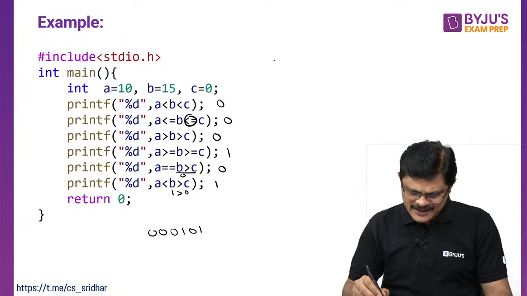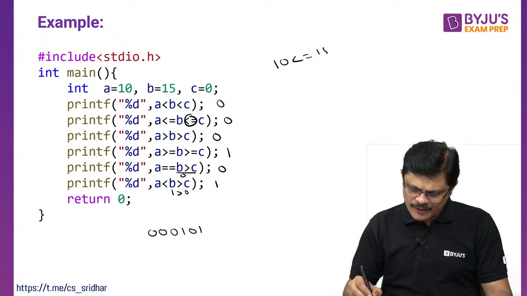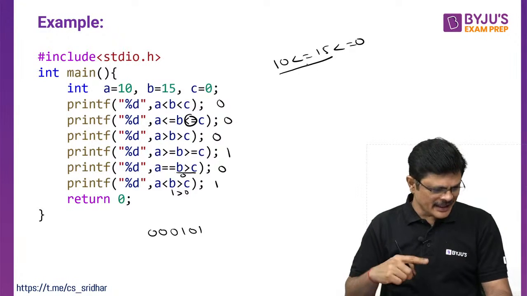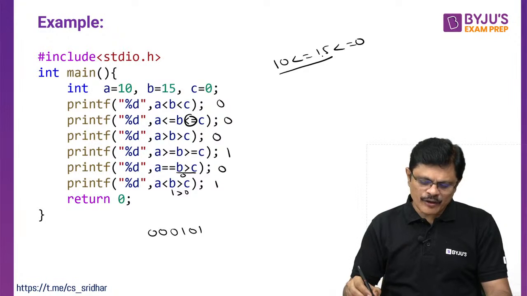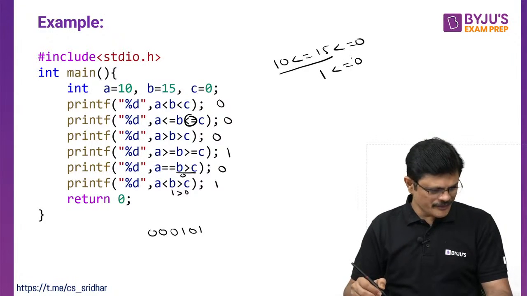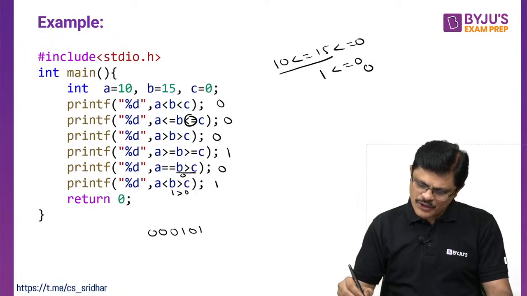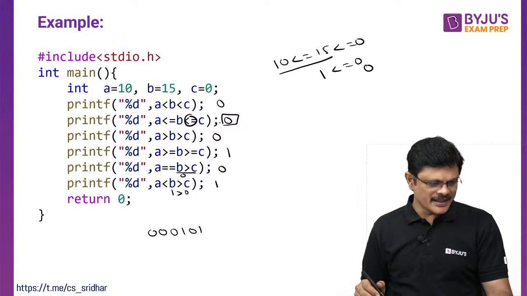See what happens. 10 less than or equal to 15 less than or equal to 0. First this would be evaluated left to right. 10 less than or equal to 15 is what? True. 1 less than or equal to 0. Wrong. So 0 will be printed. The second one should be 0, not 1. It's not 0 equal to.